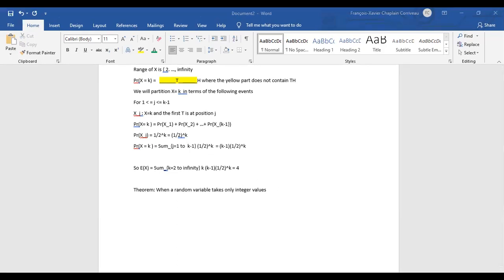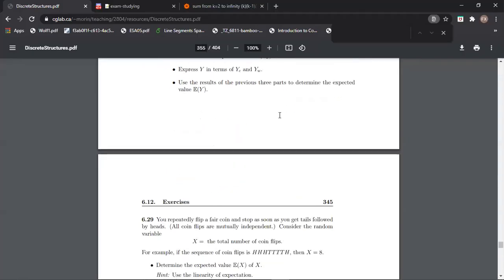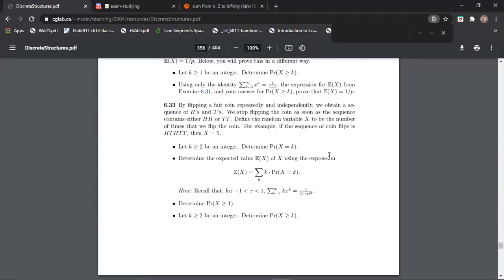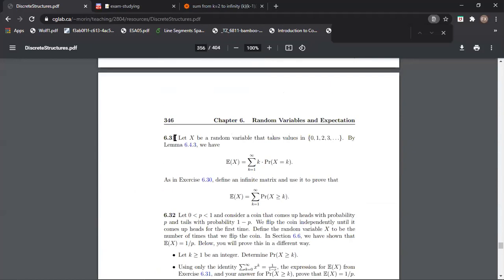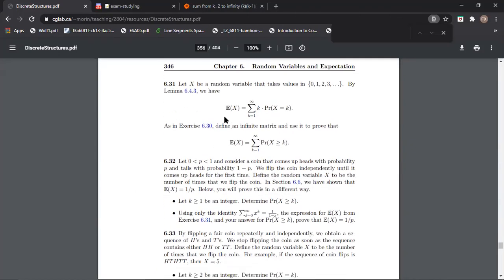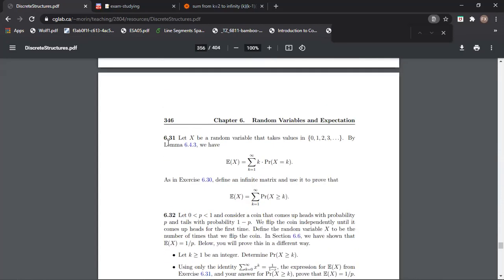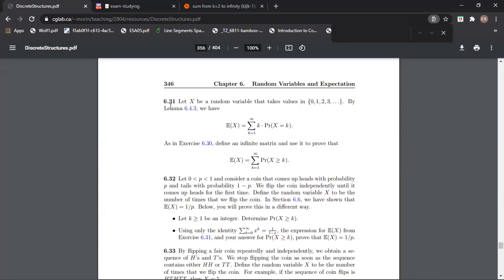Also, let me share again. So, okay, if you're interested in another way, these questions here, this question, and this question. It's essentially question 6.31, which is a very nice question, and it gives you a very nice property. So look at this question.